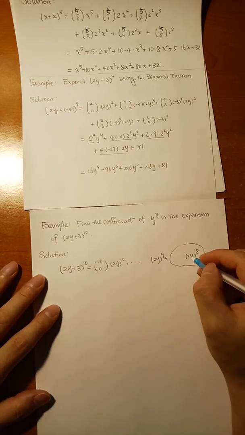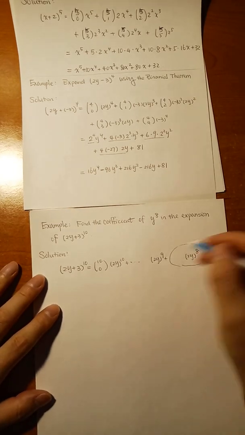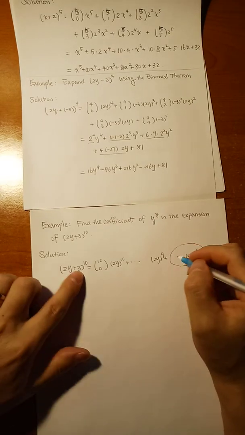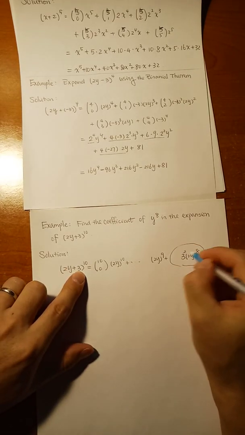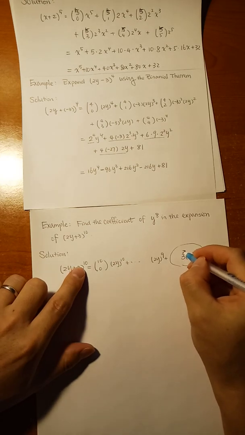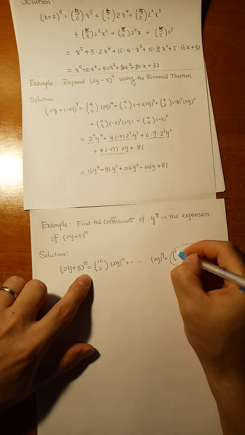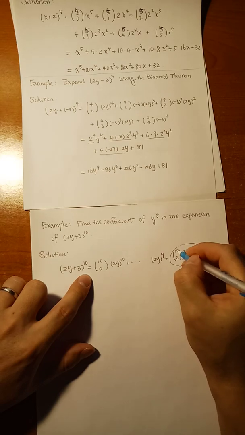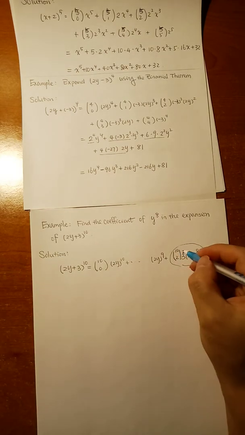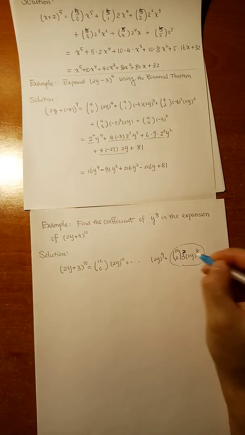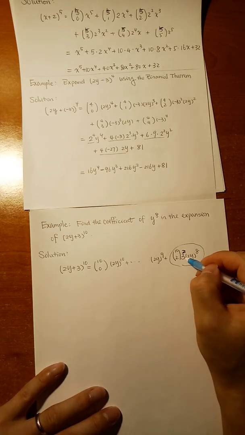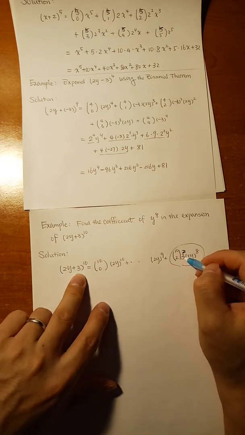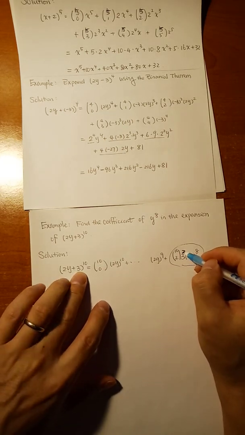When you get 2y to the 8, what's the rest? Here's 8, then you have 3 squared, since 2 plus 8 is 10. And the exponent is 2, so you write the coefficient 10 choose 2. So here you determine 8, then from 8 you get the correct exponent for the other term, 3 squared.